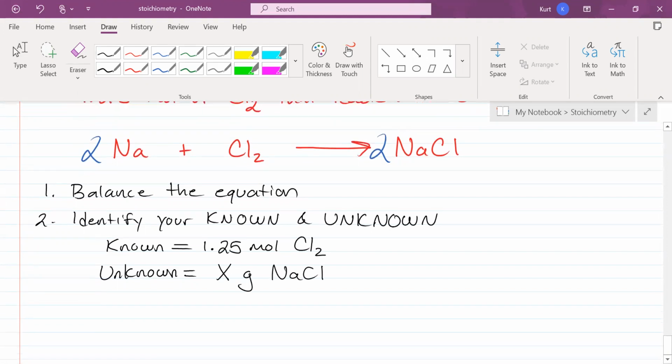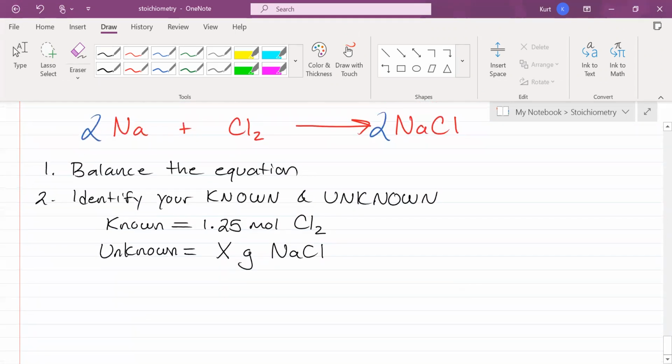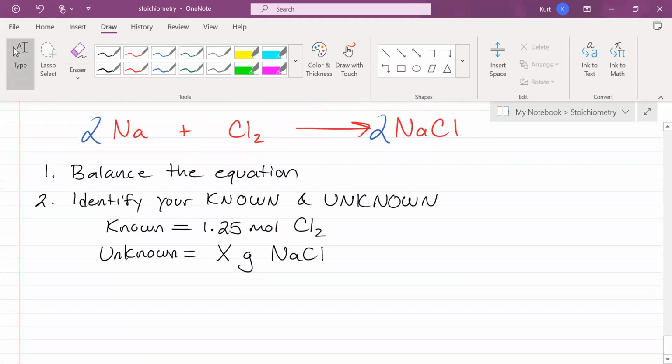Good job. Okay, guys. Now, here's step 3. This is a mole to mass problem. Our known value is measured in moles. Our unknown value is measured in mass. You need to identify your conversions. So we need to determine the molar ratio between chlorine and sodium chloride.